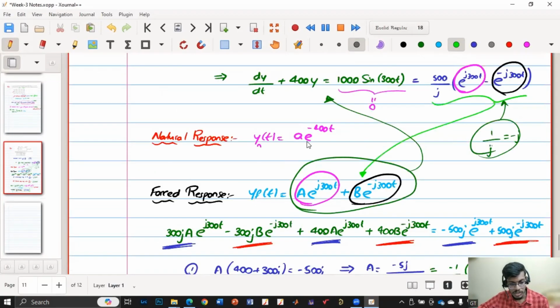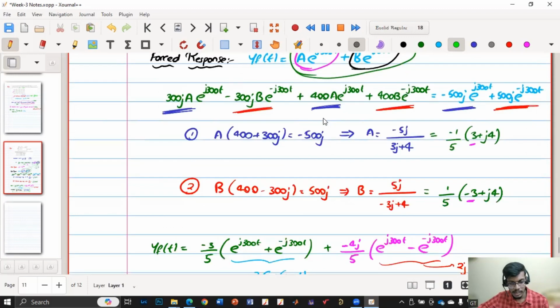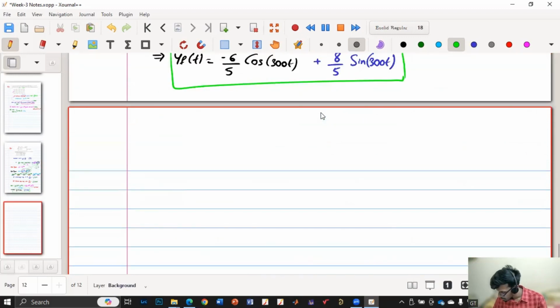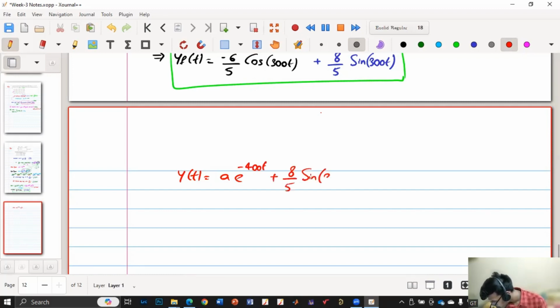So my overall solution is A into e to the power minus 400t plus this solution. So my y of t is A into e to the power minus 400t plus 8 by 5 sin 300t minus 6 by 5 cos 300t. How do I calculate A?